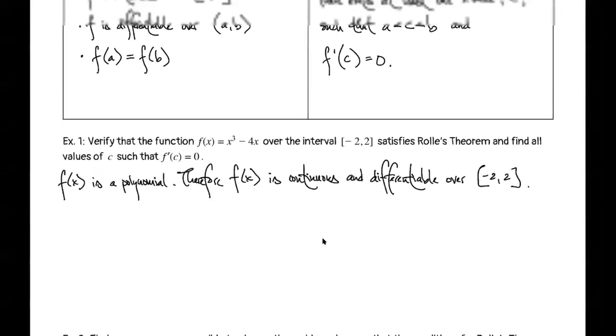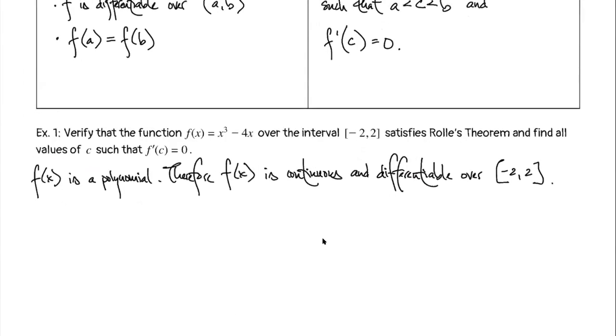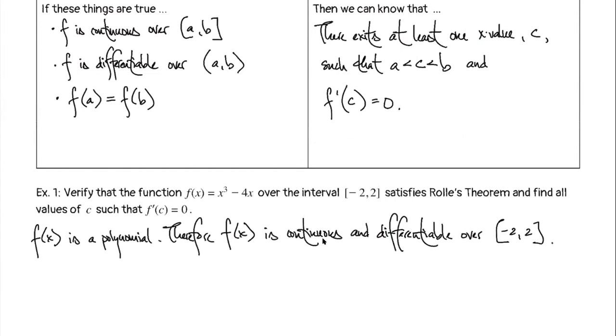In fact, it is continuous and differentiable over all real numbers. We're not concerned about those because we're looking at a specific interval right now, but you could also say that it's continuous and differentiable over all real numbers. Okay. So that satisfies the first 2 points. It is continuous, it is differentiable.